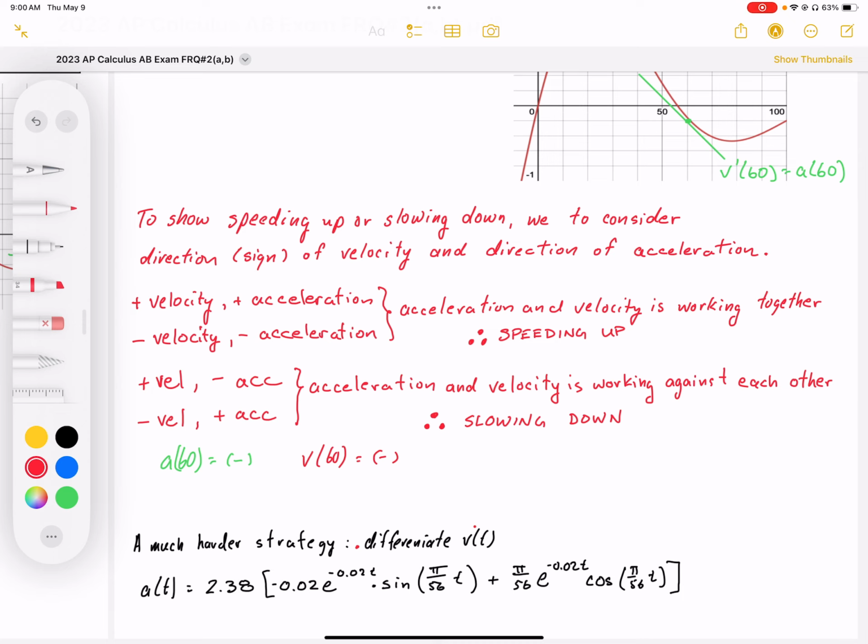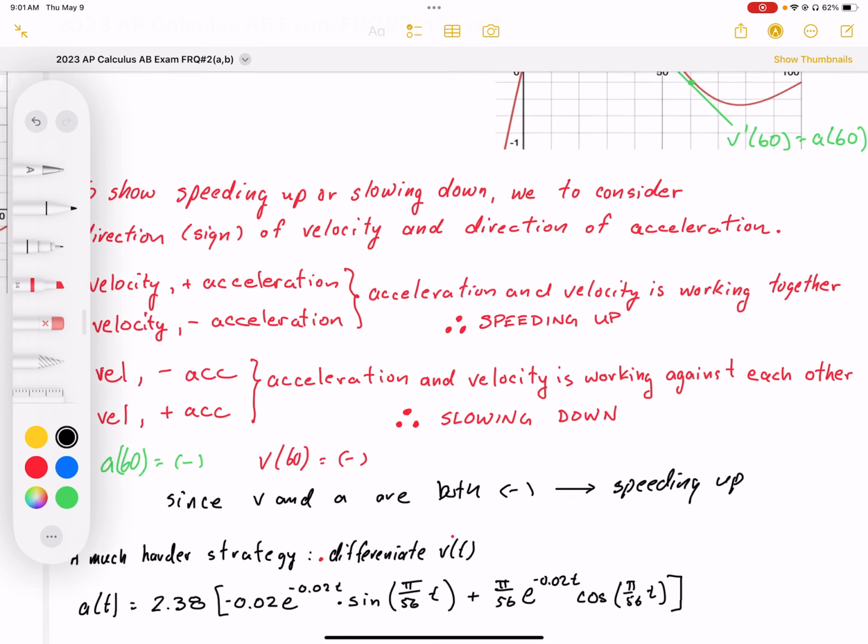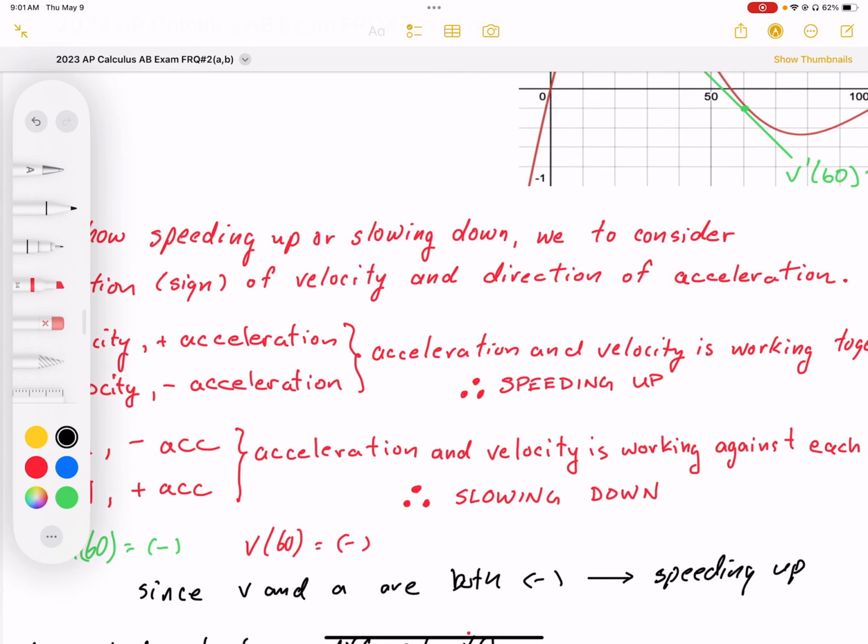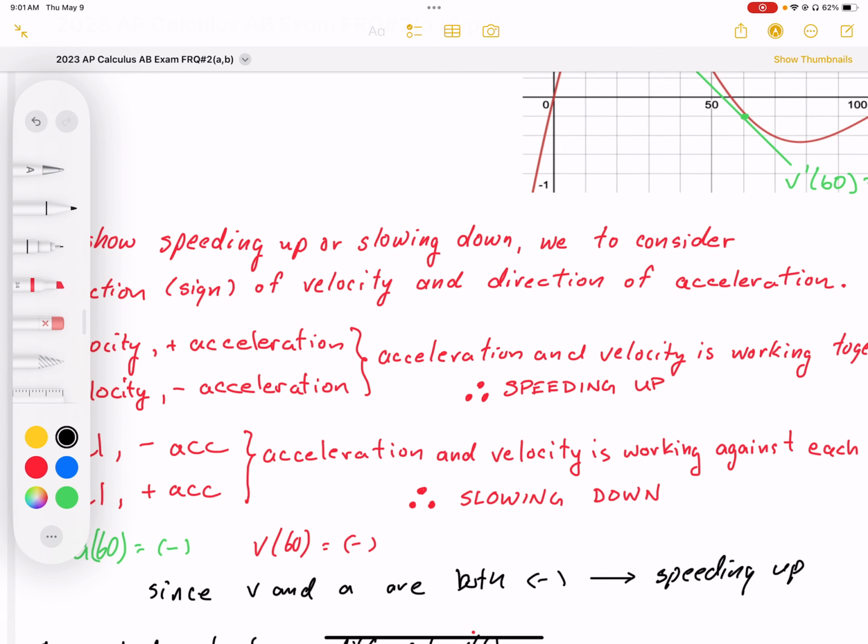That means they're working with each other. Since v and a are both negative, it is speeding up.